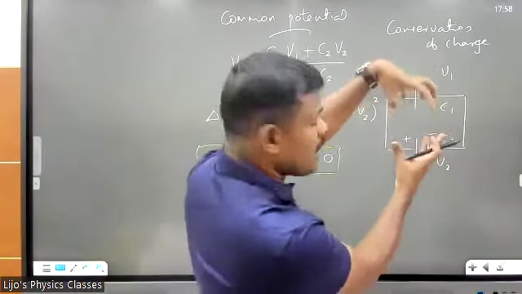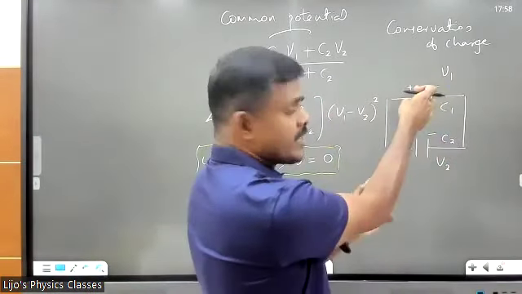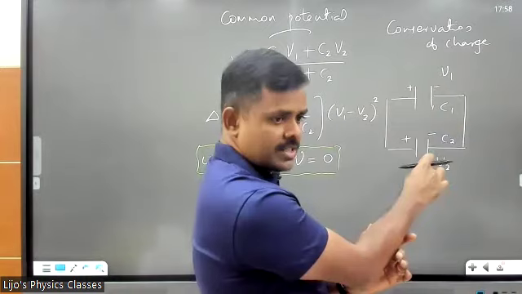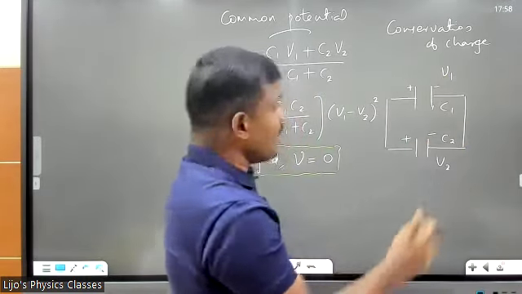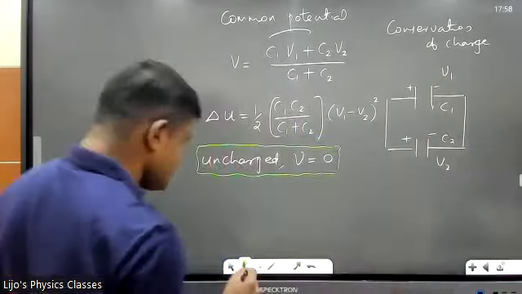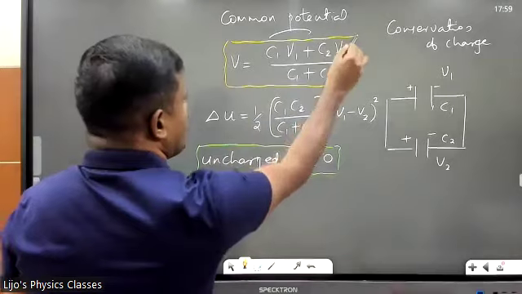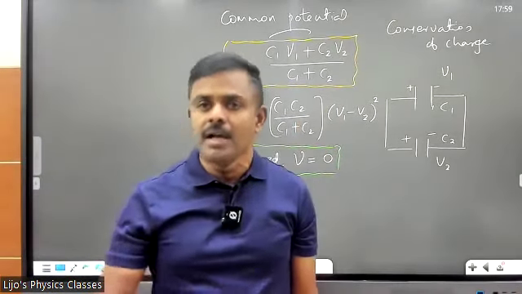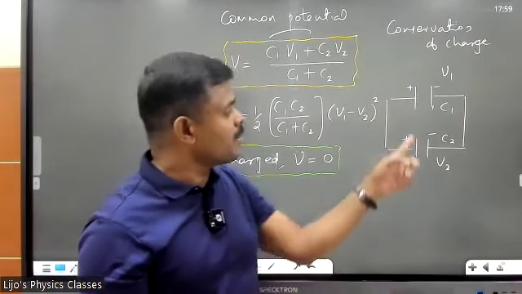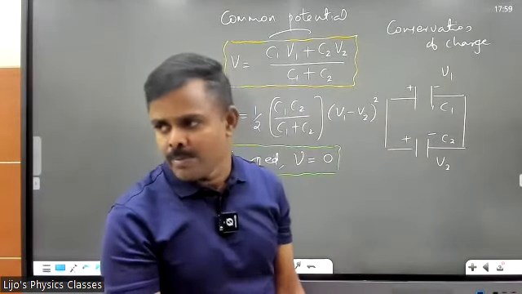And they are put in parallel connection. Positive of the first capacitor is connected to positive, negative of the first capacitor is connected to negative of the second. In that case, charge flows from higher potential to lower potential until both the capacitors have a common potential.